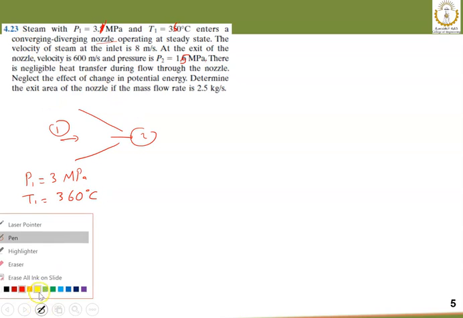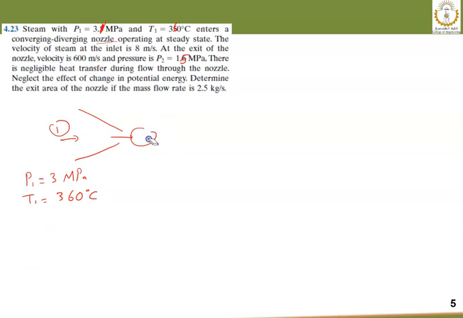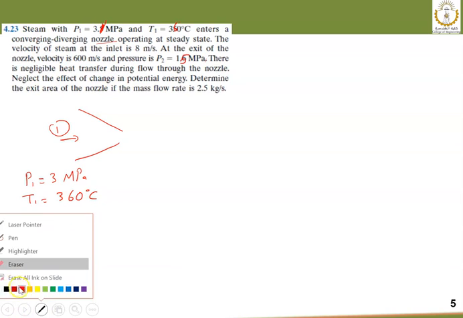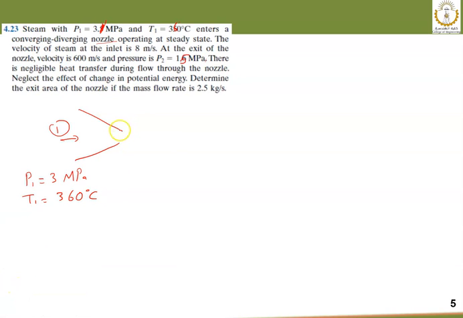So this is not just a nozzle, it's a converging diverging nozzle, which means that first it will converge, then it will diverge. I will tell you why or where this is used.